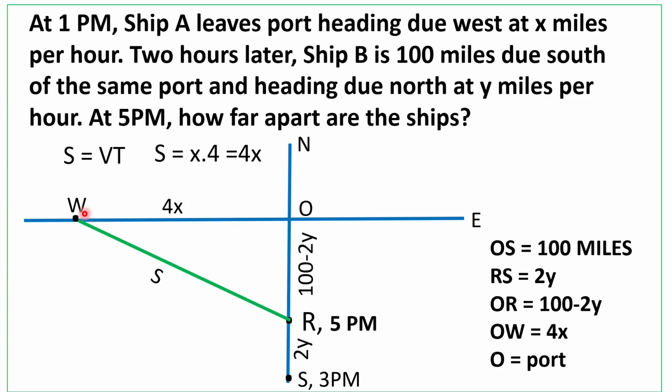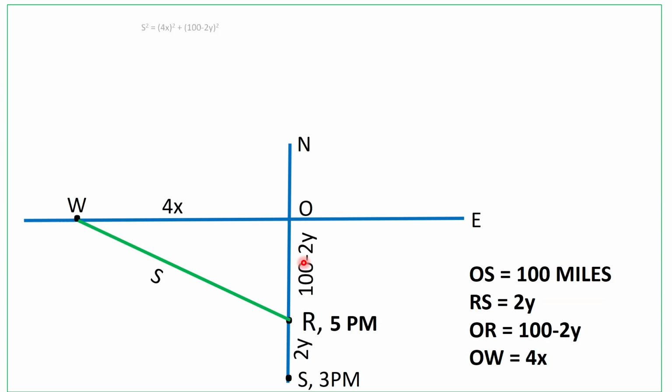You can say OW or WO is the base, and OR is the perpendicular. Now you can use the Pythagorean theorem.